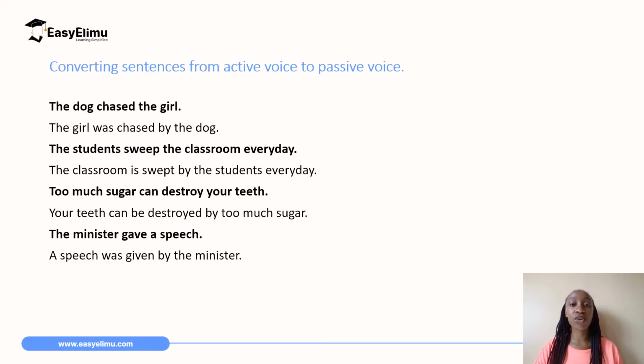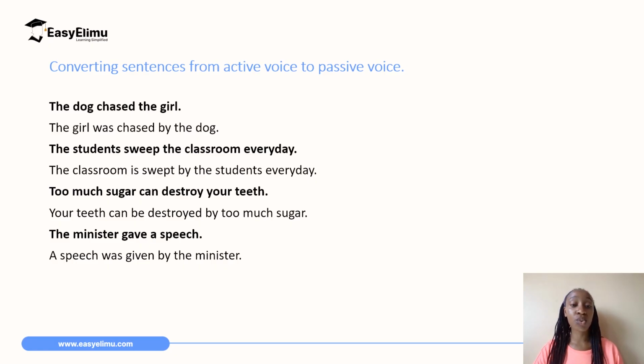So for further practice, you can have a look at these sentences. They have been converted from the active voice to the passive voice. The sentences in bold are in the active voice, and the others that are not in bold are in the passive voice. The dog chased the girl. That is active voice. So when you convert it to passive voice, it becomes the girl was chased by the dog.